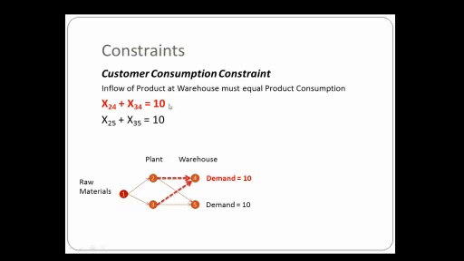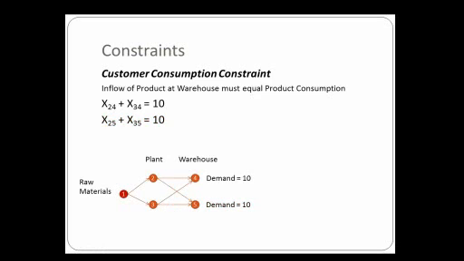Because the demand is 10, the amount flowing into that node has got to add up to 10 units. There's only two arrows adding into it, so I have two variables feeding into it. For node 5, what would that look like? You guessed it, the amount of product that's flowing from node 2 to node 5 plus the amount of product that's flowing from node 3 to node 5 has got to sum up to 10 units of material. So that's what the customer consumption constraint looks like.